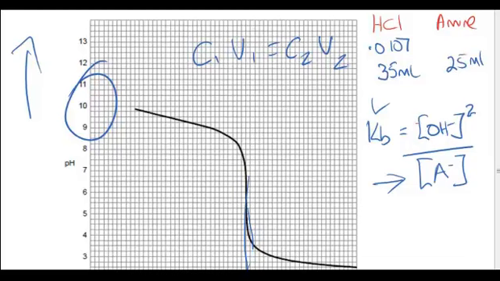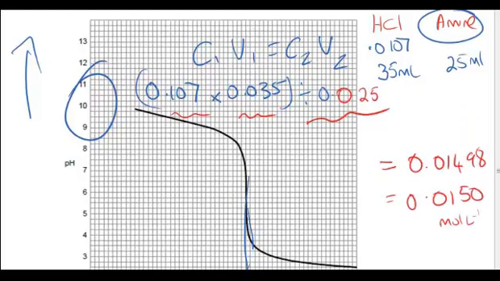We replace that with some numbers: 0.0107 times 0.035, divided by the volume of the base that we're interested in, and we get this concentration here, 0.01498. That rounds to three significant figures of 0.0150 moles per litre.